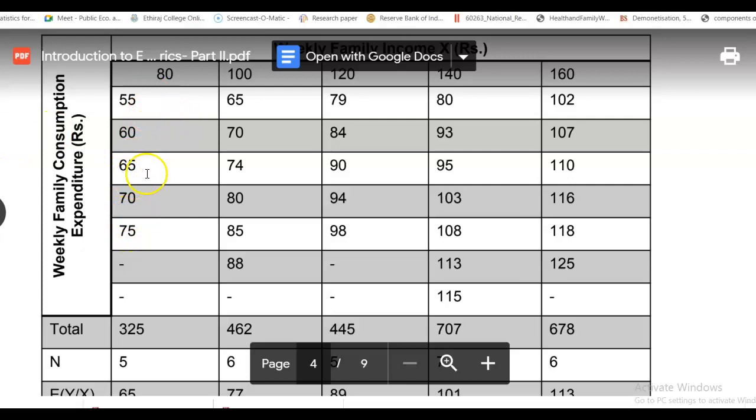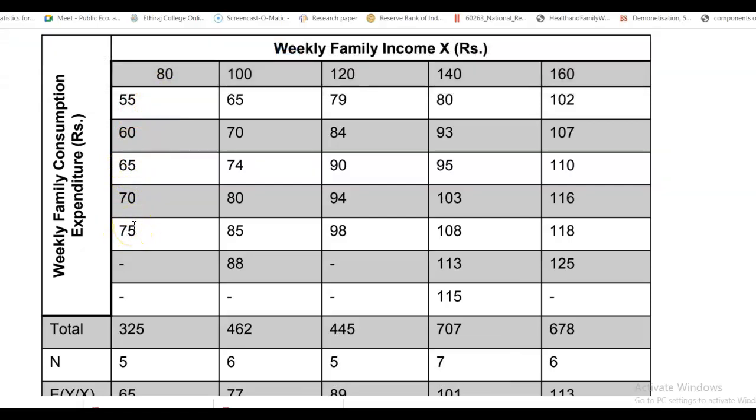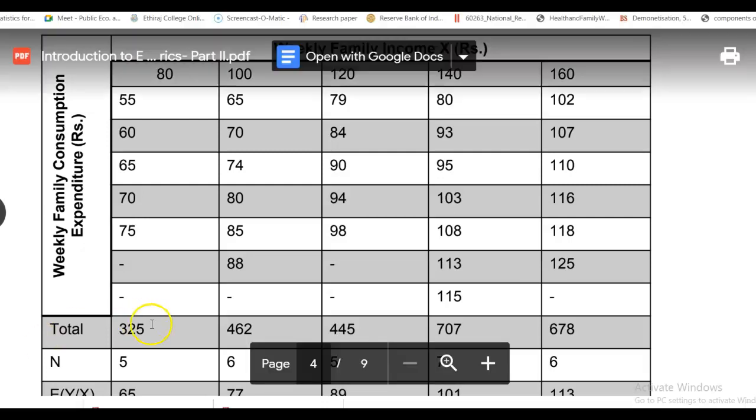Only one family is spending 65 rupees. One is spending 55, another 60, another 70, another 75. So the difference between the actual and the expected value, what is the actual expenditure and what is the average expenditure, is your stochastic form of the population regression function.